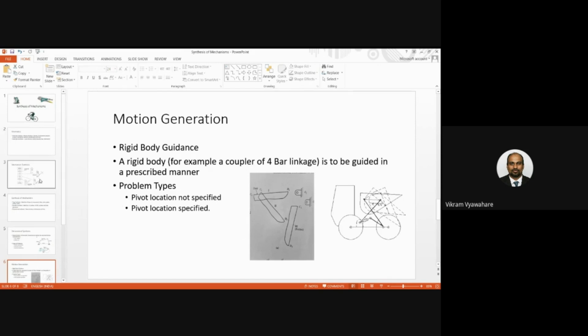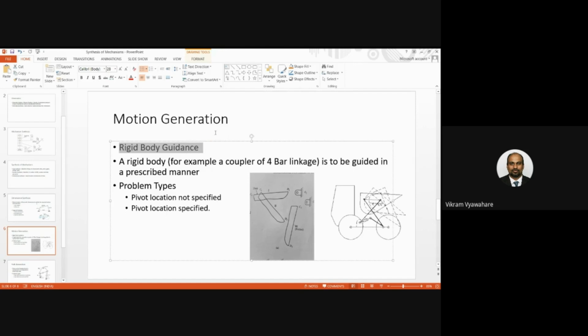Let us take the first type of problem, motion generation. It can also be called rigid body guidance. We'll be given three positions of an object, and we have to design the mechanism accordingly. So let us see the graphical technique. We will be only discussing graphical techniques.